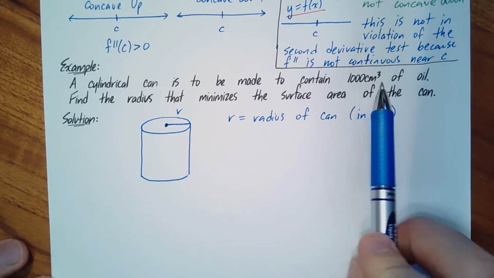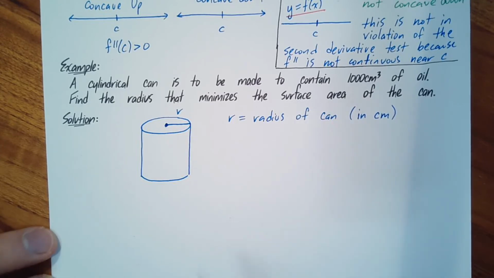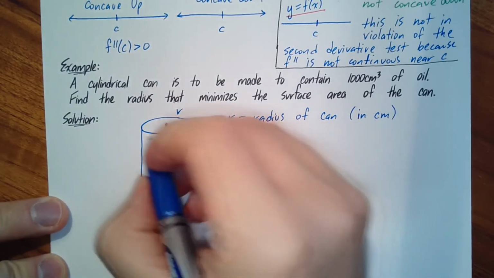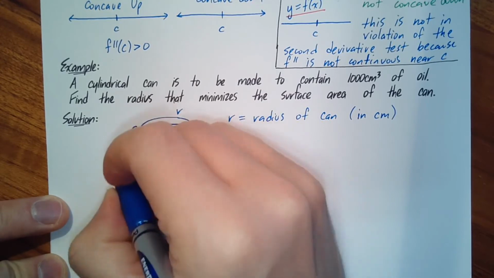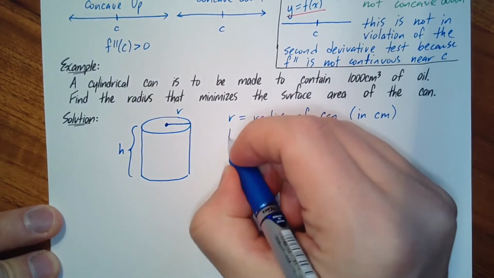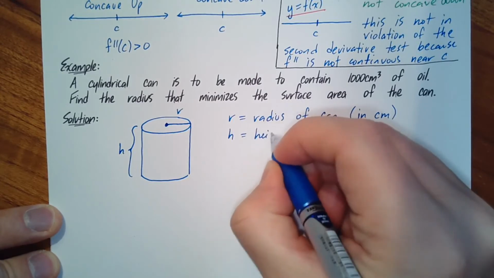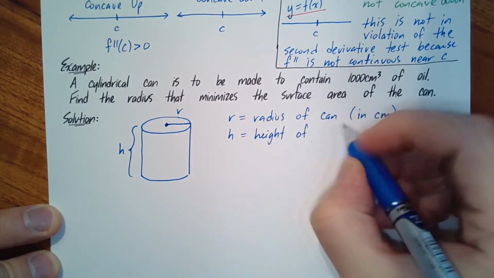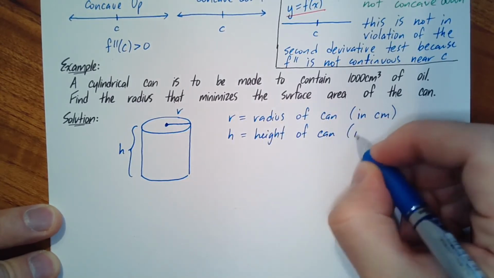We've got volume mentioned and we've got surface area mentioned. So we're going to need to work with formulas for those quantities, and they involve the radius of the cylinder, but also the height. So the height of that cylinder is also going to matter. So let's say that H is the height of the can, and we'll measure that in centimeters also.